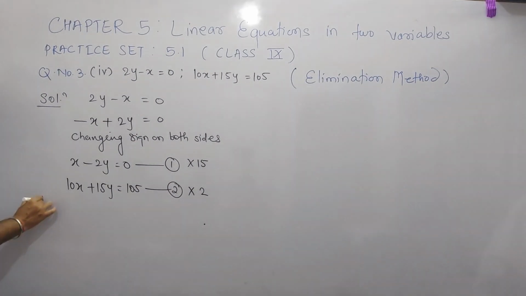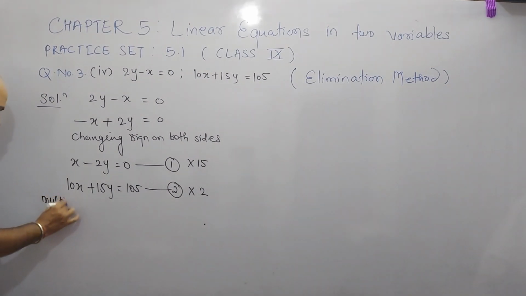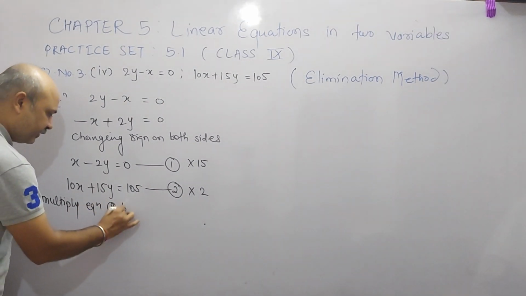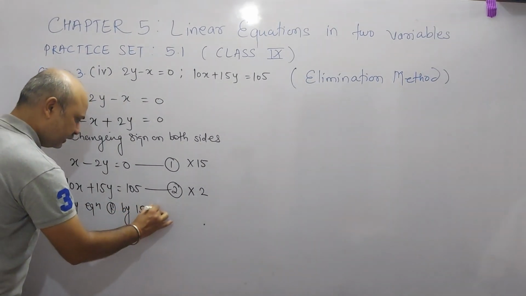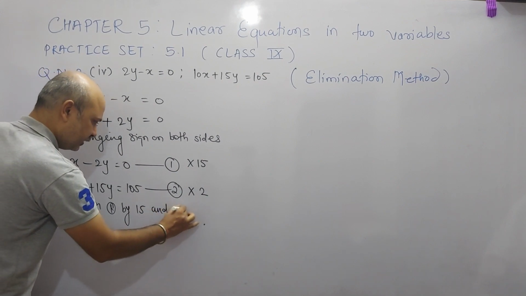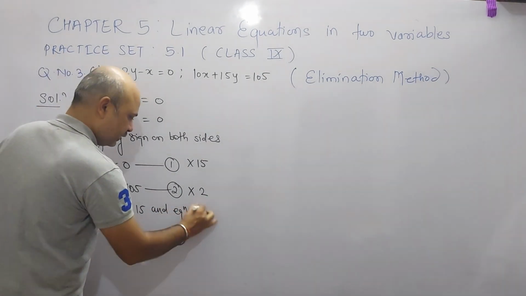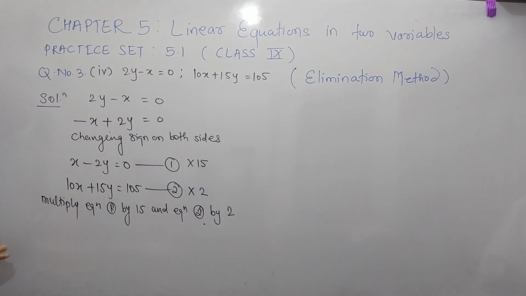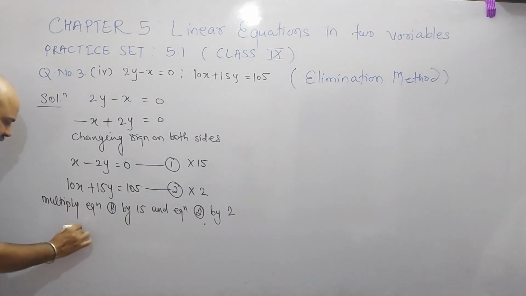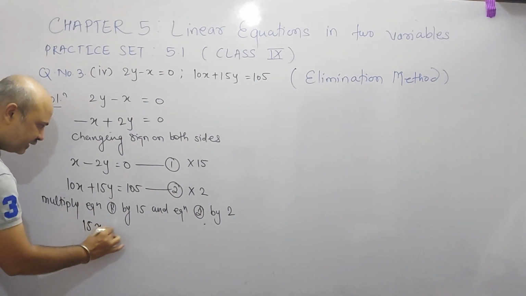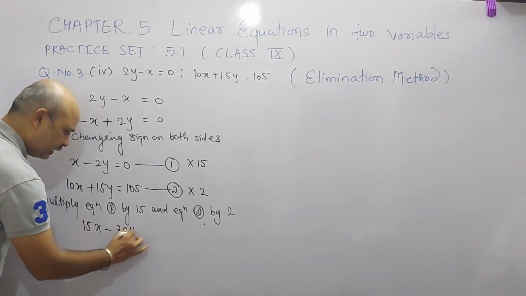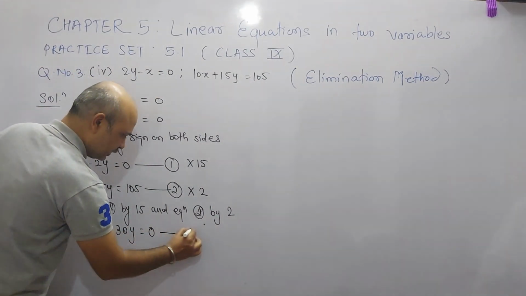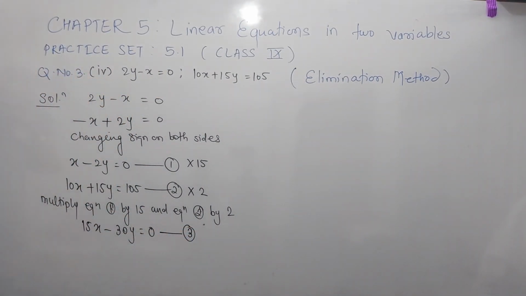So we write: multiply equation 1 by 15 and equation 2 by 2. So multiplying equation 1 by 15, we get 15x minus 30y is equal to 0. 15 multiplied by 0 is 0. This is equation number 3.